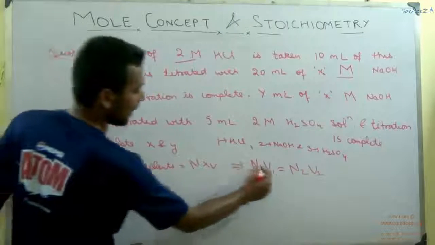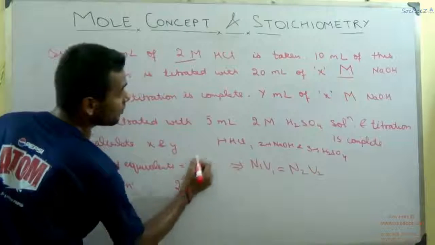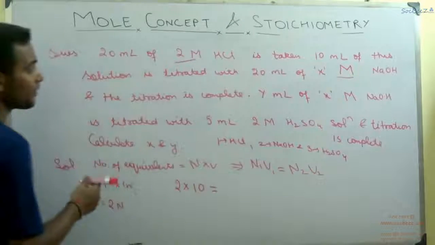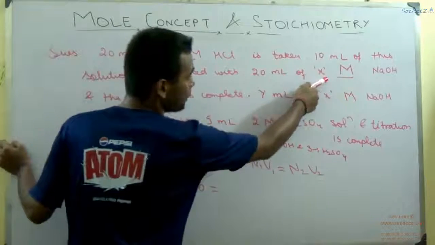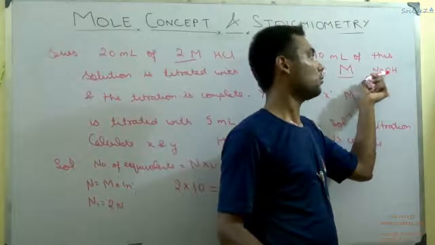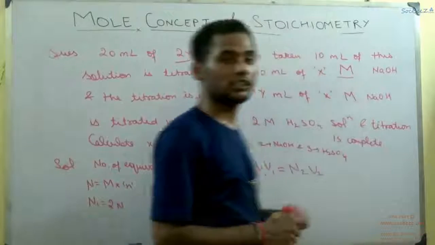So here N1 V1 equals N2 V2. So normality 2 into V1, V1 is 10 ml, equals N2. Since the acidity of NaOH is, with the same argument, the number of OH negative ions, 1, so the acidity of NaOH is 1.